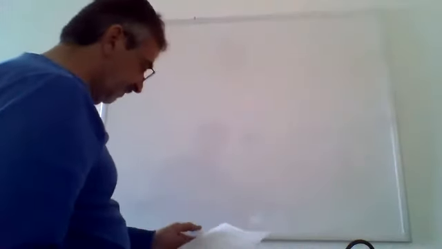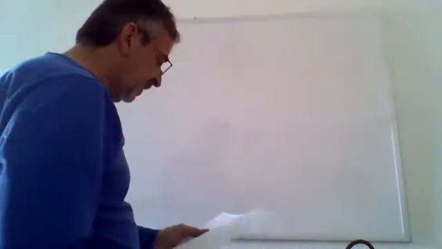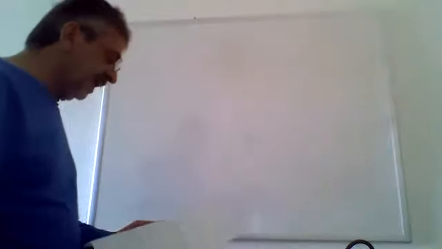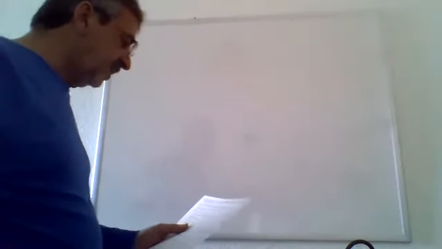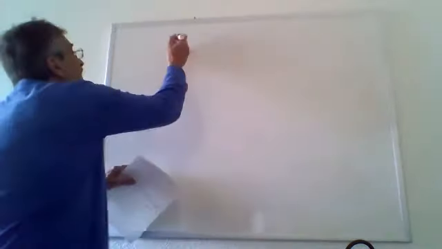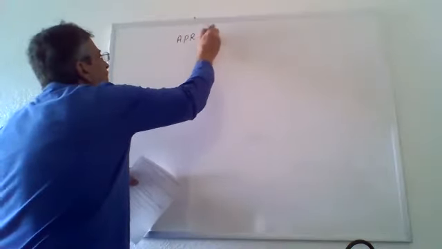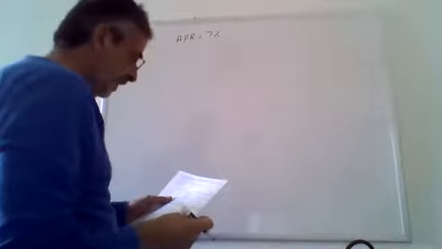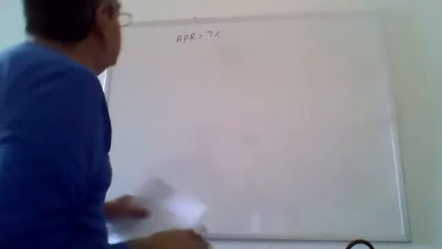Only 5 more on my hand. Actually 6. It says at age 19, someone sets up an IRA, individual retirement account, with APR 7%. So we have APR equals 7%. At the end of each month, he deposits $40.